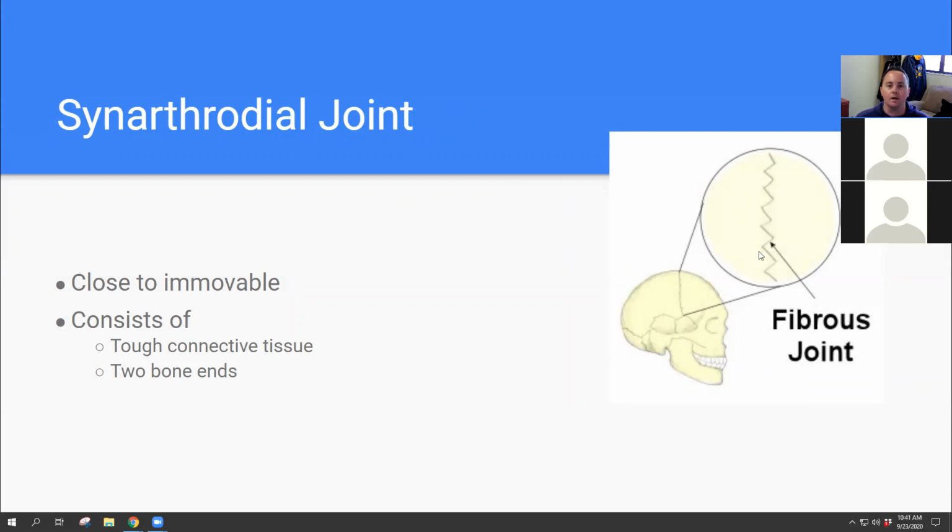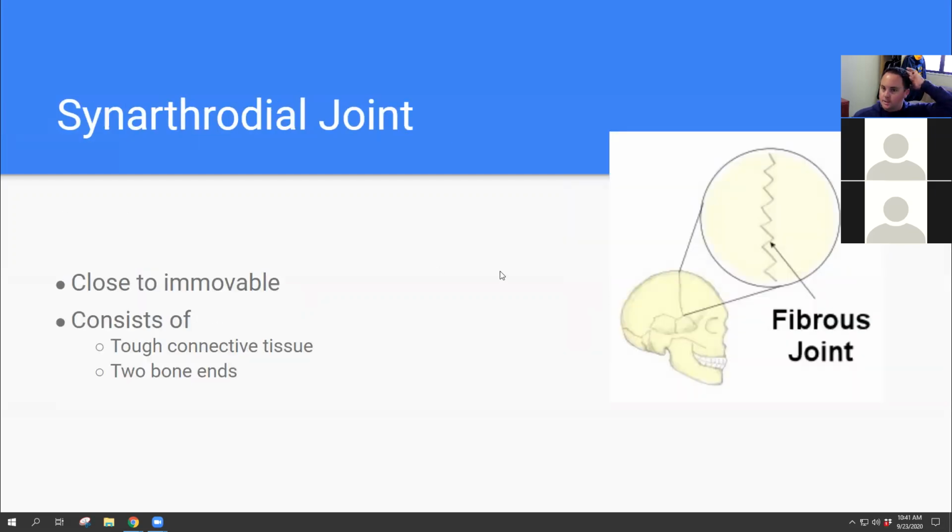We don't really want our skull to move too much. If it moved, we would be poking at our brain, and that's not a good thing. So this is very tough connective tissue, and it's bone to bone. There's nothing in between it. There's very little movement, and if it breaks, it's usually a pretty significant injury.